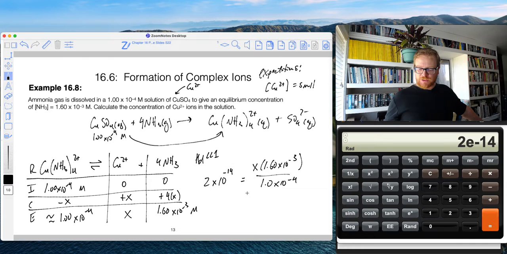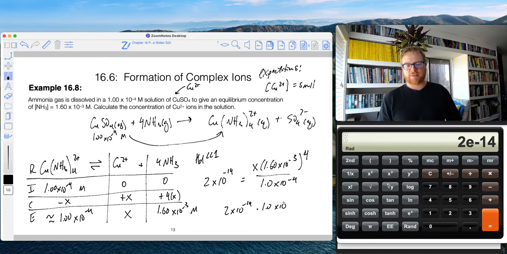Now if I solve for x, I can do that by multiplying this by 1 times 10 minus 4, and then dividing by 1.6 times 10 minus 3. And let's see here. Yes, I need to take that to the fourth power, because of the ammonias. So now we'll write all of that out so that's less confusing. That's going to be 2 times 10 to the minus 14 times 1.0 times 10 to the minus 4, all divided by 1.60 times 10 to the minus 3 raised to the fourth power.